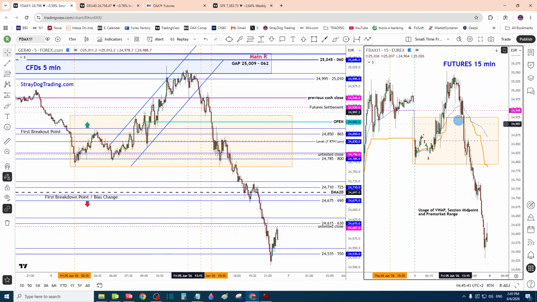You can immediately see, for example, when market went down, it bounced from the pre-market high and this orange line, which is the session midpoint, and this blue line is VWAP. Both are free indicators, and I'm using the default versions of them.